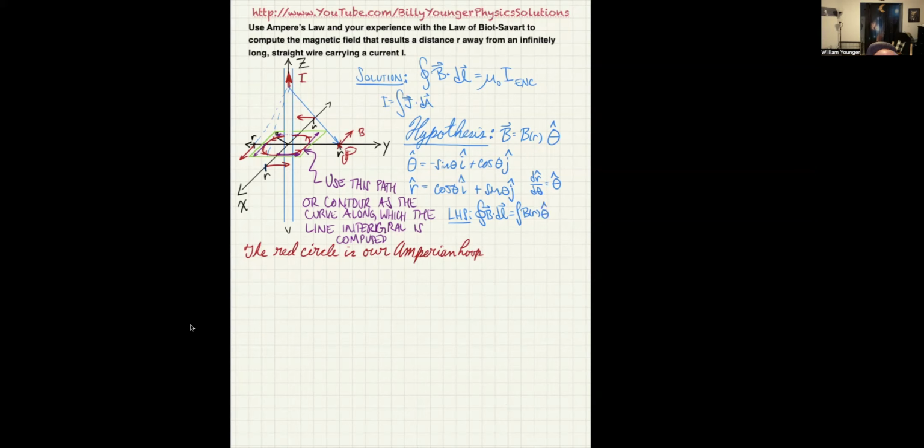And then similarly, as we'd worked before, the dl will be a little segment along an arc. And I think you probably remember that that little segment along the arc from s equals R times theta should be dl equals R d theta.